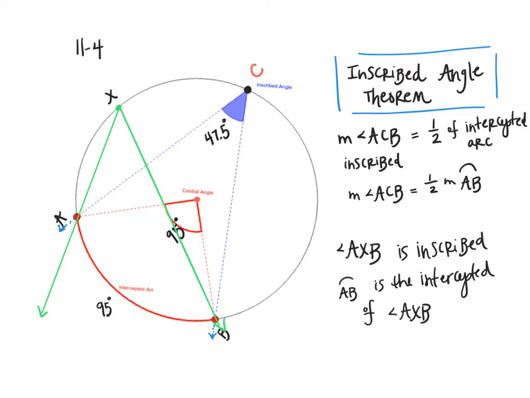So it's going to have the same characteristic. It has the arc that's 95 degrees, so clearly this angle would also be 47.5 degrees. The corollary basically says if you have inscribed angles with the same intercepted arc, they have to be congruent. And that's really just what that corollary is saying.